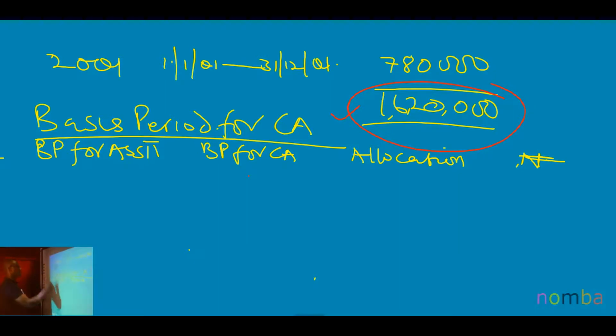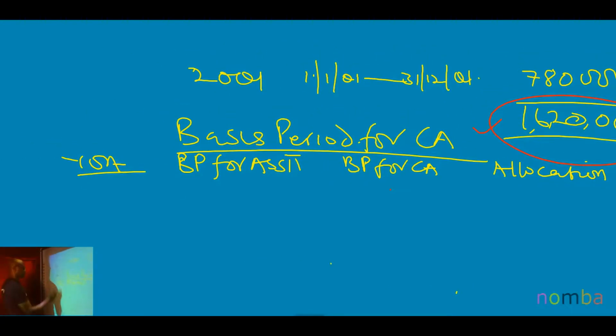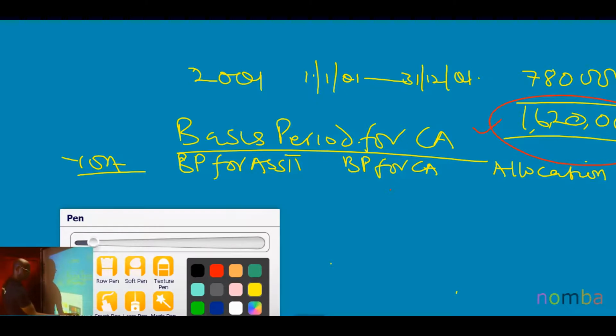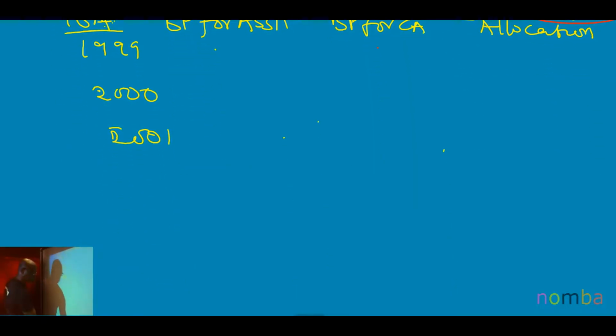So first line down, bring down all the basis periods for assessable profit, as in the years. The years are 1999, year 2000, year 2001, and year 2002.